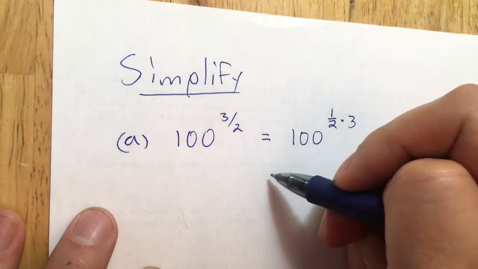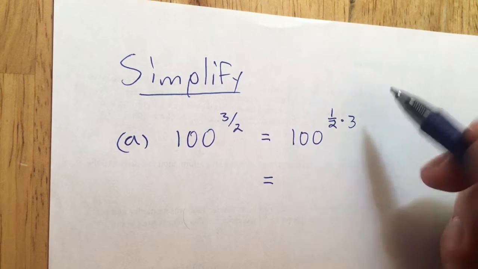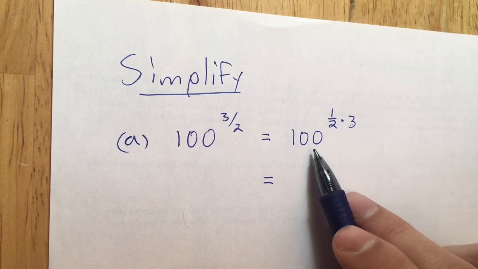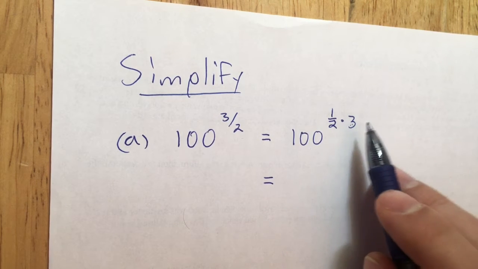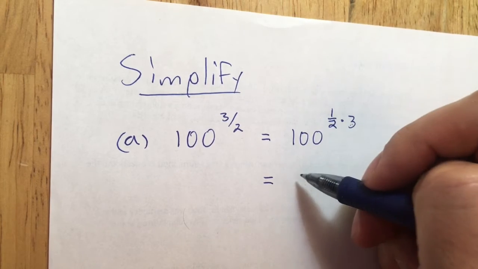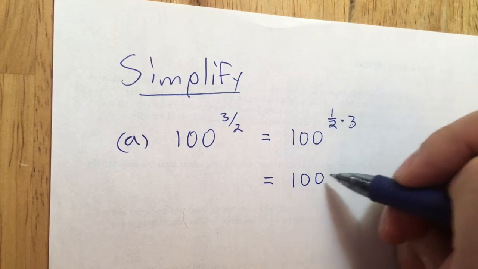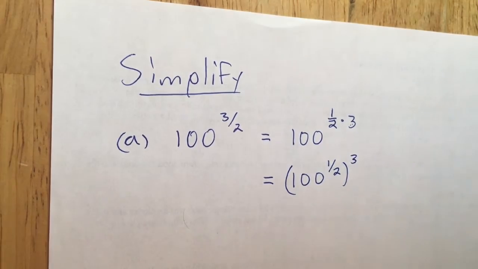And now we can use the property of exponents, which says that when you multiply exponents together, it's the same thing as raising this to this power and then raising it to that power. That's the power property for exponents. Sometimes they call it the power to a power property. So this is 100 to the 1/2 power raised to the 3rd power.